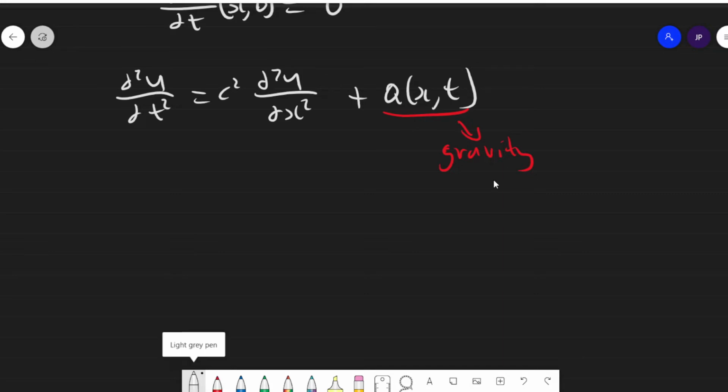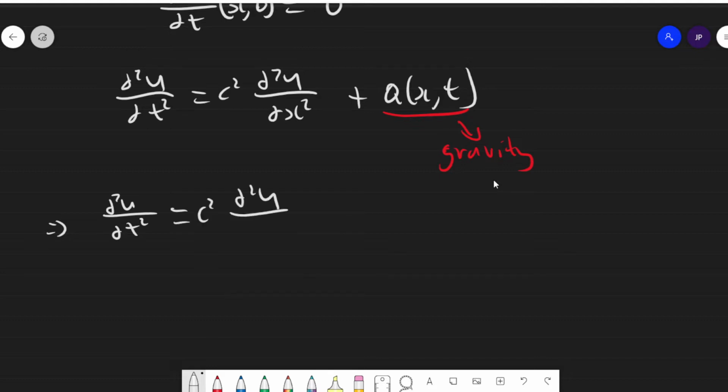So we're going to neglect it. So we can dumb down the partial derivative to something a little bit simpler. And then just to point out that if you check the derivation of the PDE for a string, you'll find that this is actually your c squared.